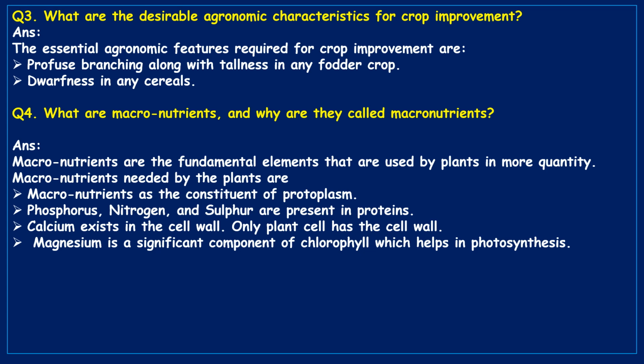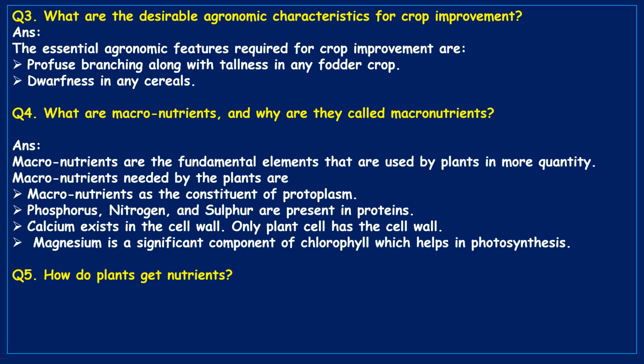Photosynthesis is a process in which plants produce their own food using carbon dioxide, water, and light. This light is absorbed by chlorophyll in which magnesium is present. Because of magnesium, chlorophyll is green in color.